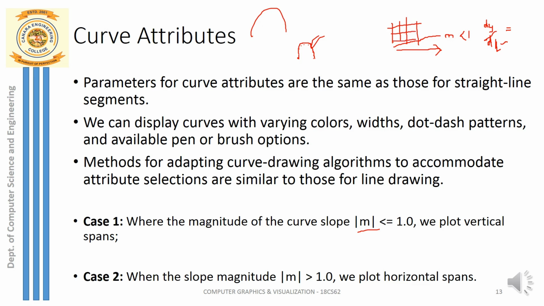Consider this as my screen, divided in the form of a grid, and each block in the grid is nothing but a pixel. So if I have to draw a curve, I have to go on choosing these pixels. But which pixel am I going to choose? If it is a line with slope less than 1, choose all vertical sets of pixels. Go on choosing vertical pixels.